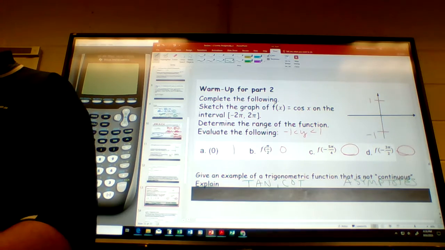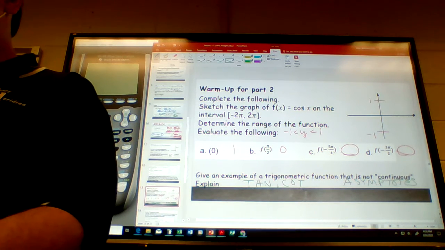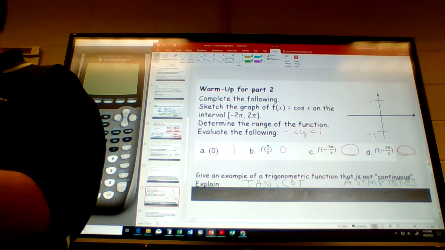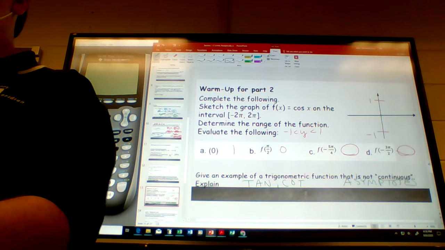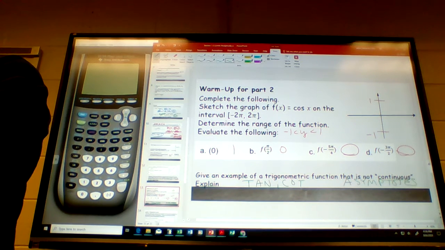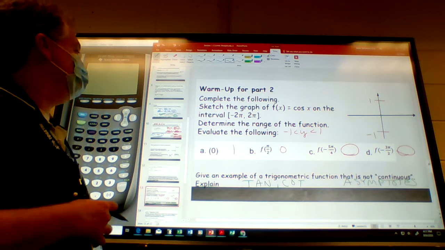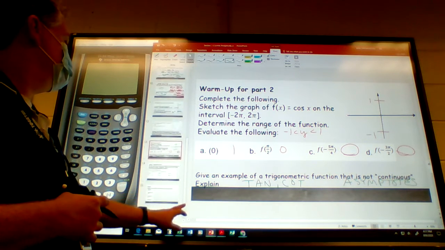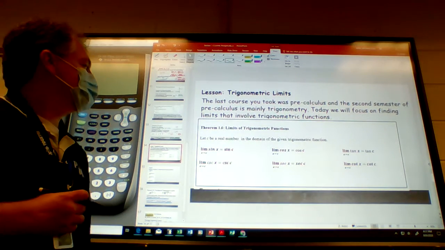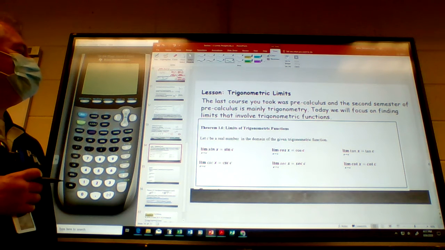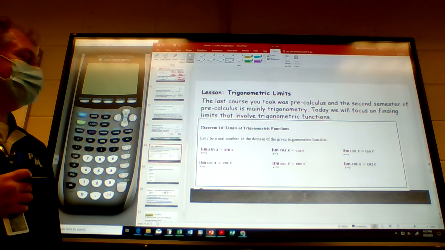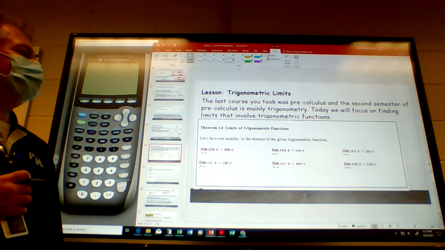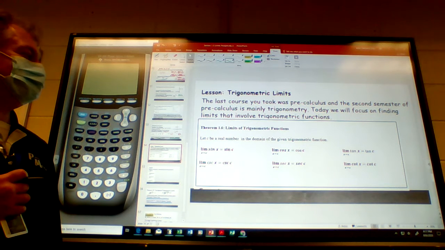Okay, now, below that and next to that are just some rules. I'm not really going to spend a whole lot of time going over them, but I will show you this. The limit of sine of x as x approaches c is sine of c. The limit of cosine of x as x approaches c is cosine of c.